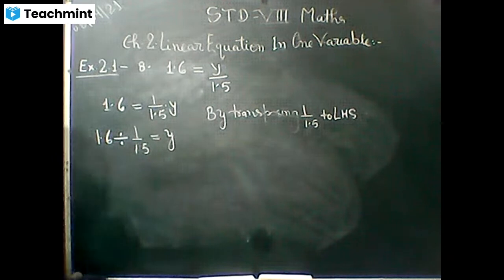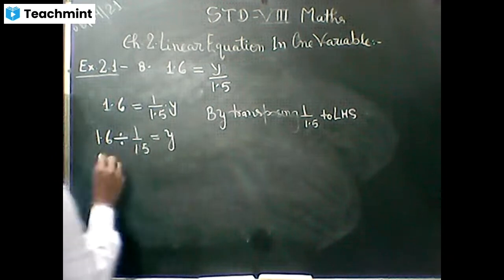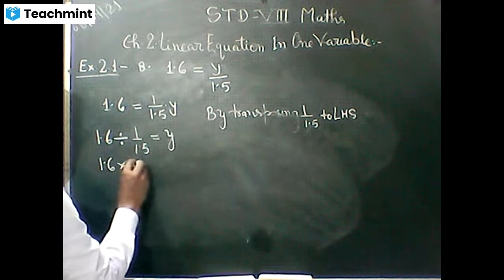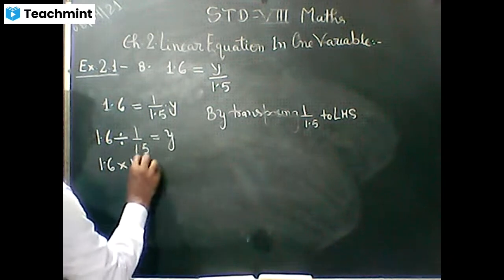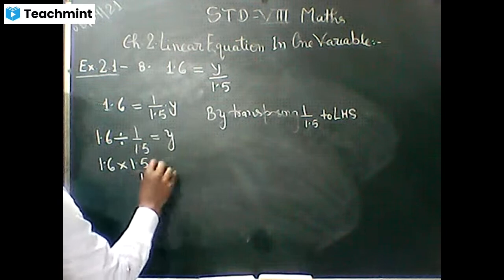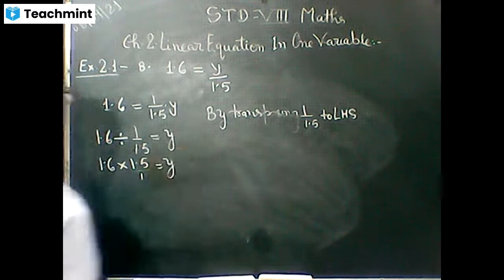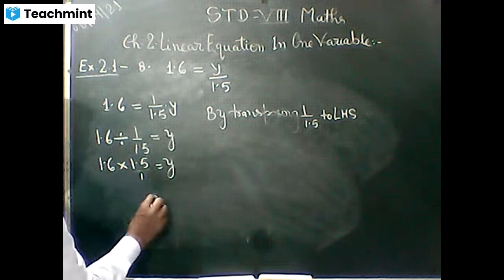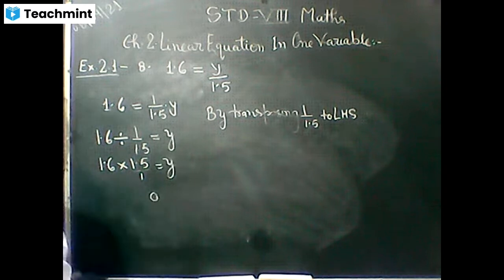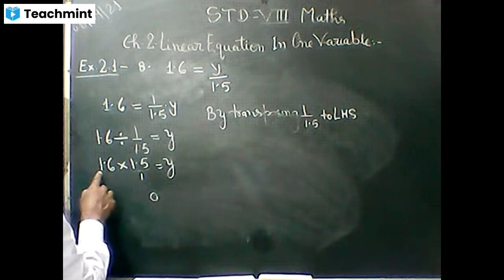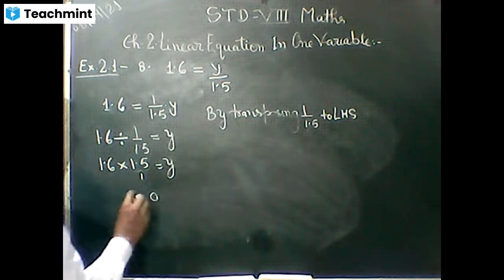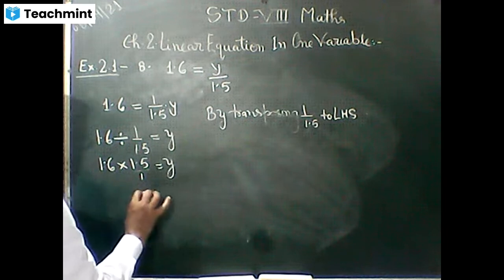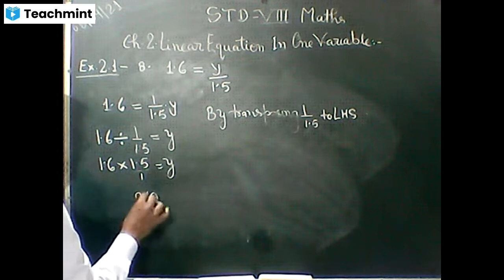As we learned in standard 8, this division is also changed into multiplication by using the reciprocal. And so if we solve it, first of all multiply, 15 6 are 90, and 15 1 are 15, and 9 24, and next to it we have to put the decimal at the second place.